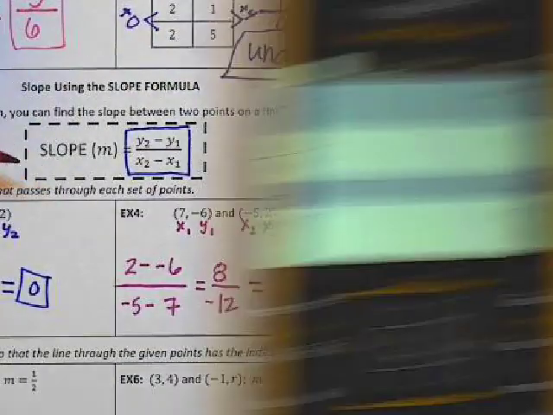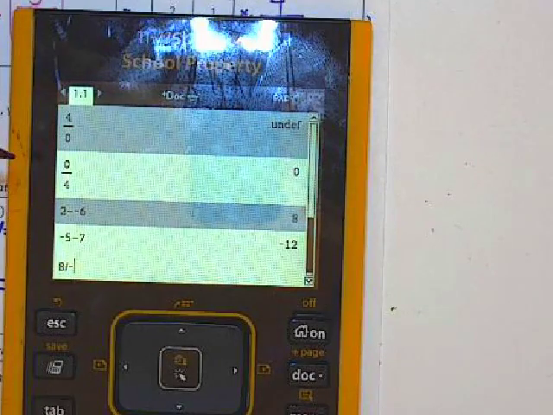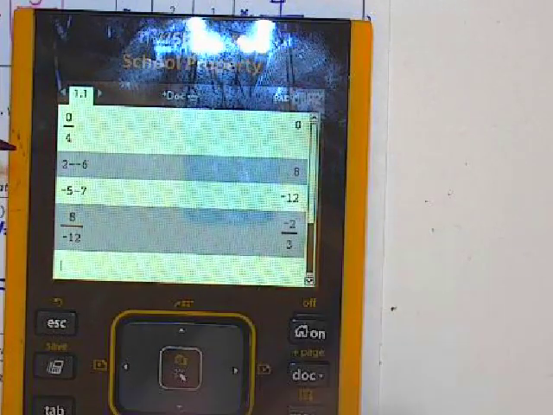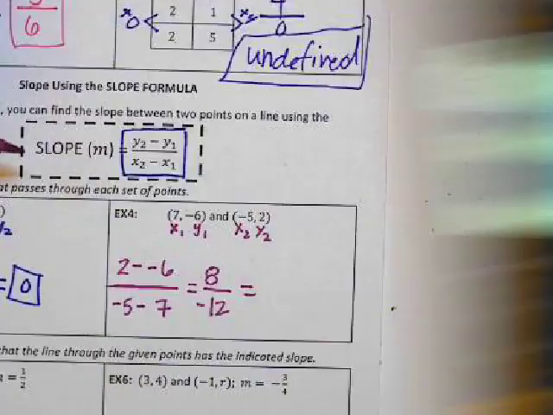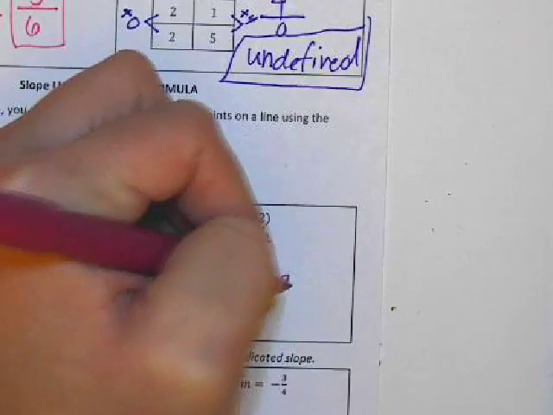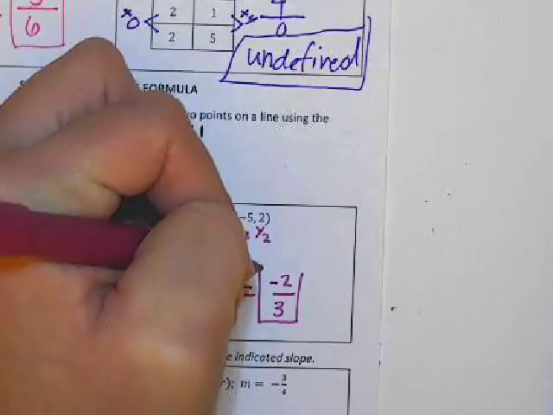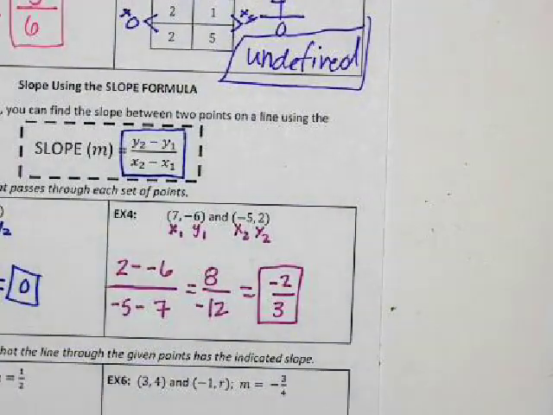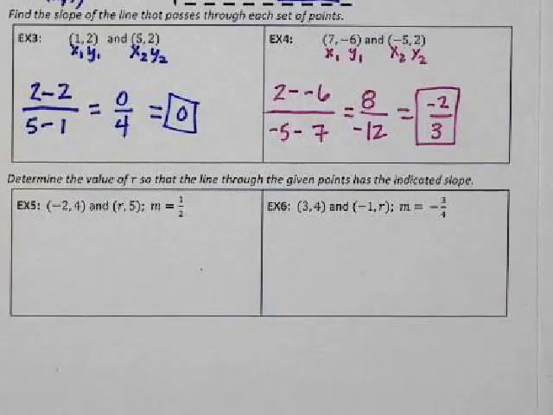Can this be reduced? 8 divided by negative 12 gives me negative 2/3. Questions? Okay, now the bottom. Bottom's a little bit more difficult, so make sure you're paying attention.